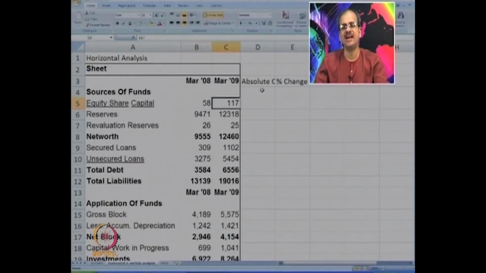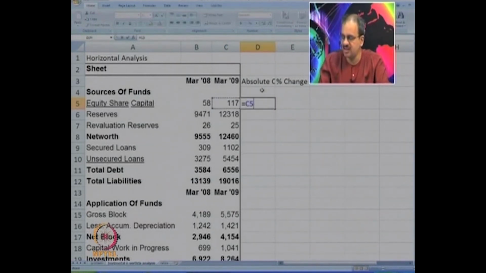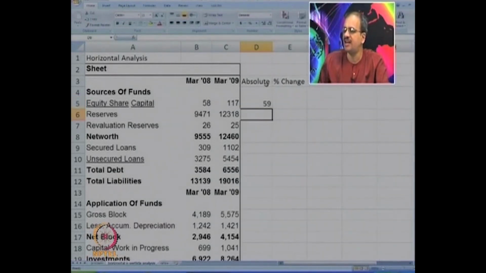Okay, so you can see that in each of the items there is some change. So equity capital has nearly doubled from 58 to 117. So absolute change is 117 minus 58. So 59 is the change.